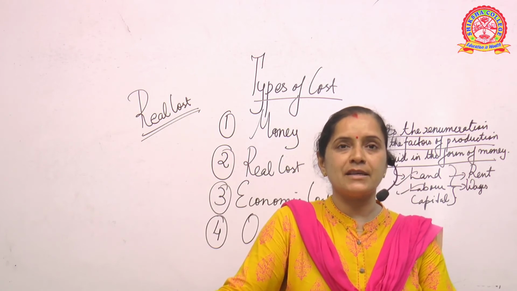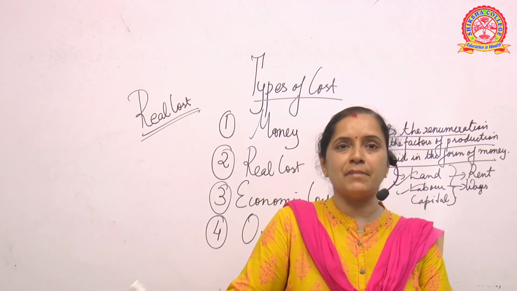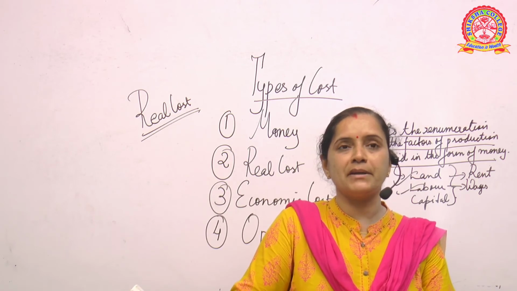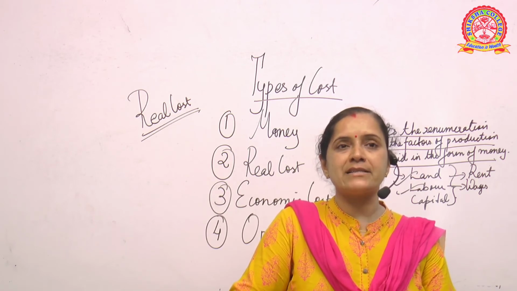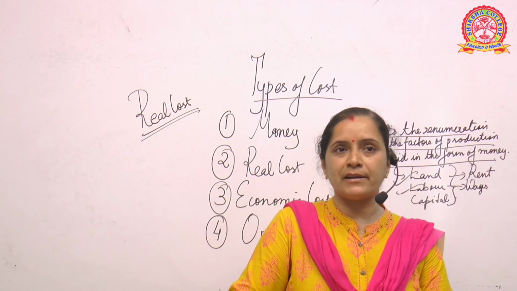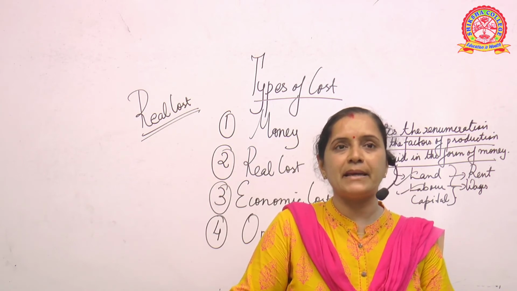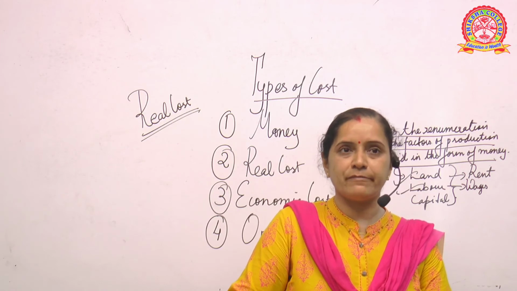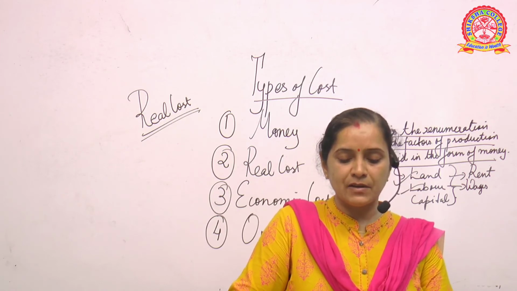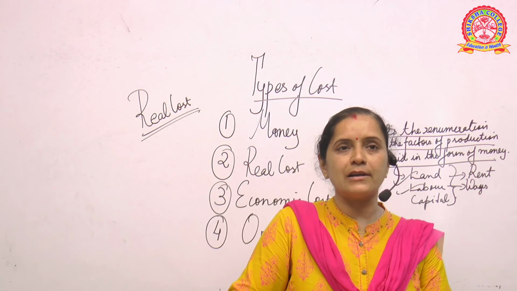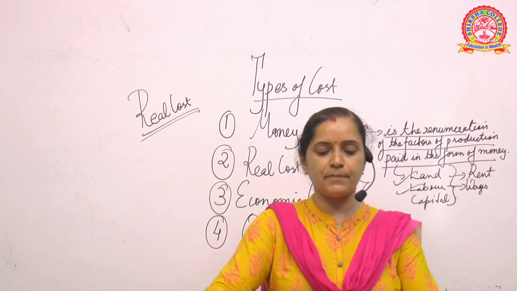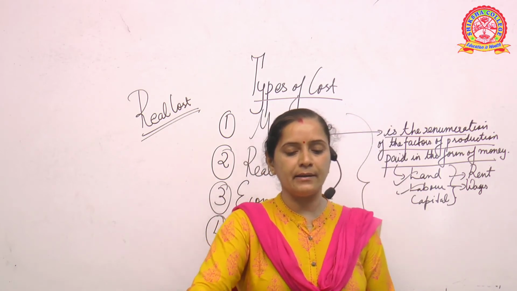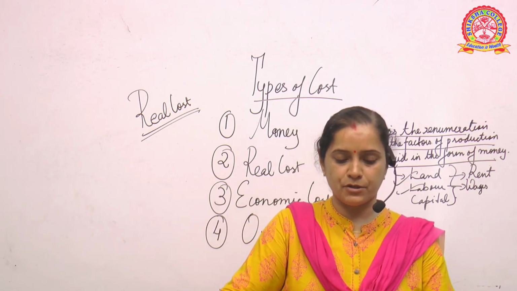We have already discussed money, and we know that money acts as a remuneration paid for the different factors of production. I told you for land we are paying rent, in the form of money. To labor we are paying wages in the form of money. Now what is real cost? Real cost is that exertion of all kinds of labors that the industry is involved in during the production process.